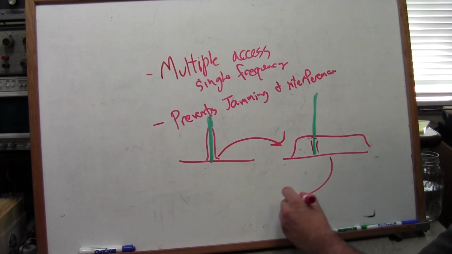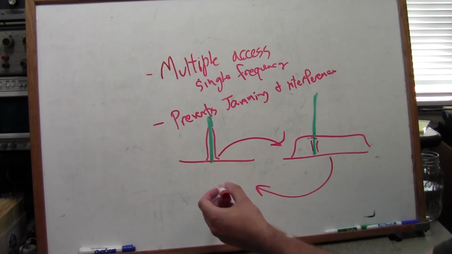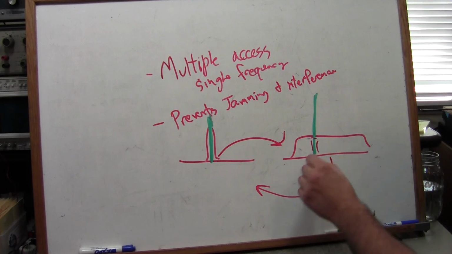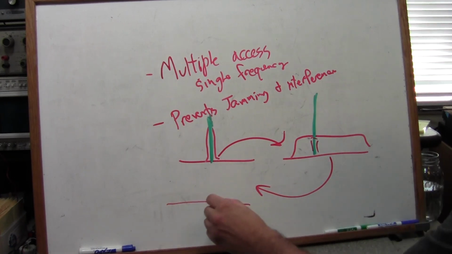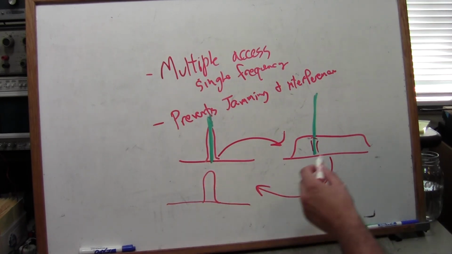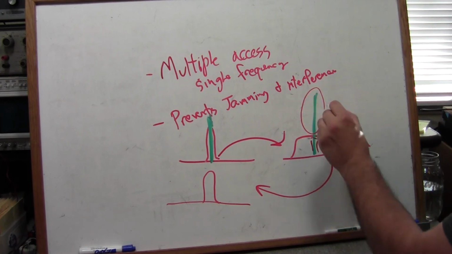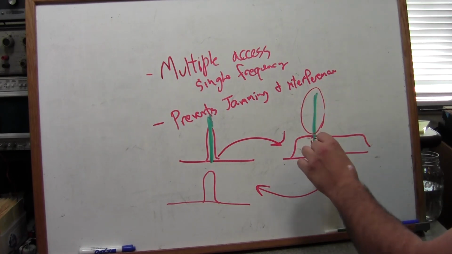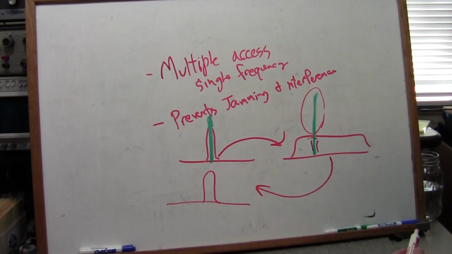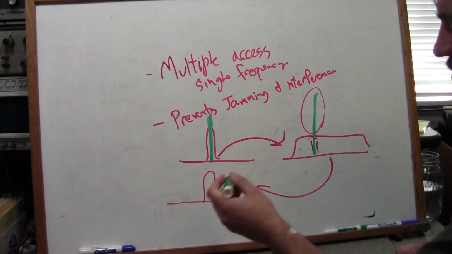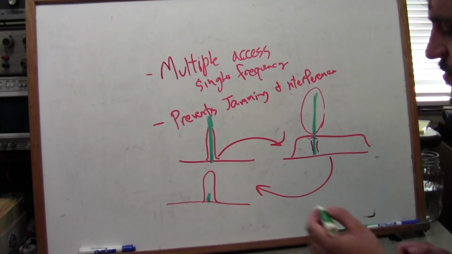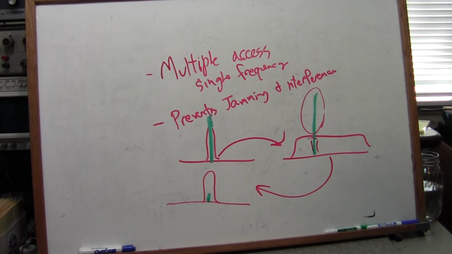When you then convert it back to the narrowband signal at the receiver, you only convert the one small fraction of the power that happens to line up with the code that you're using. And so the interfering signal appears very, very much weaker.